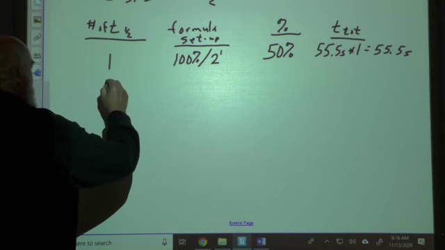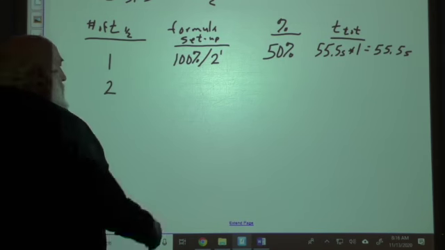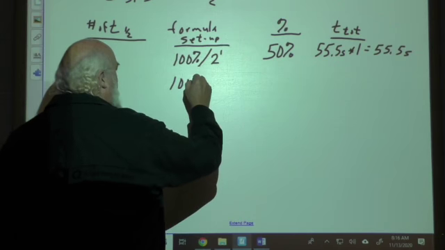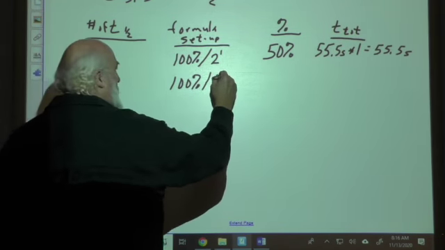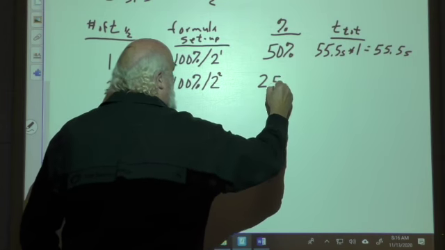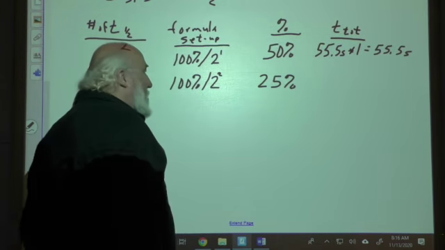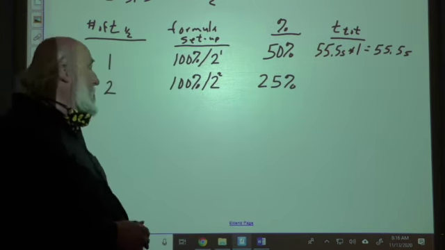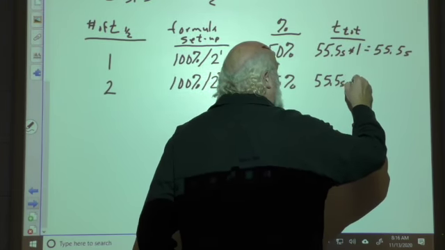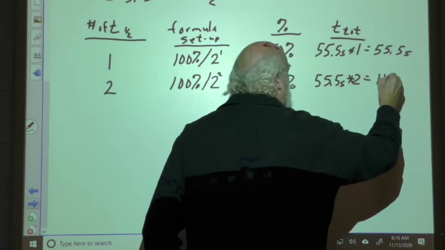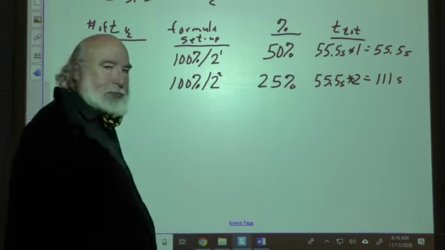So half-life number 2 is going to be 100% divided by 2 squared, that gives us 25%. This is the second half-life, so this becomes 55.5 seconds times 2, which is 111 seconds. All right?